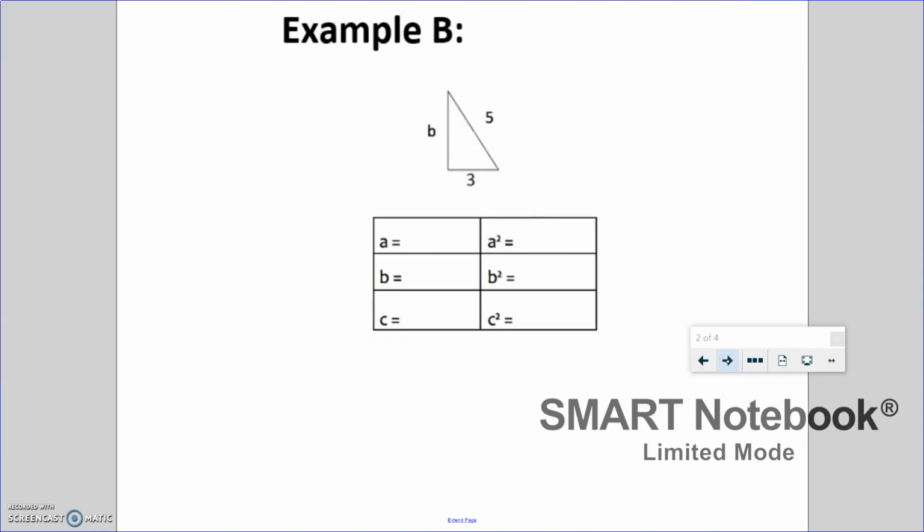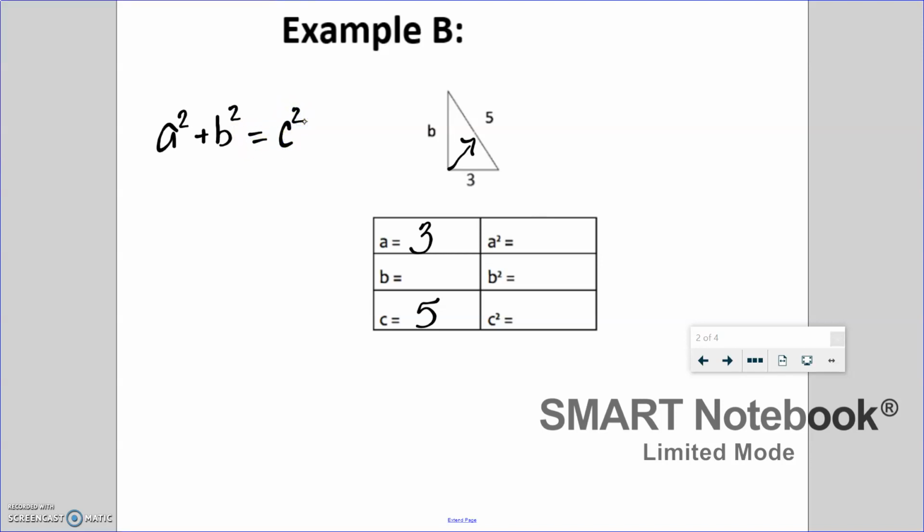Now let's take a look at example B. Once again, I'm going to draw my arrow across to ensure I'm not looking for C. So C is 5 and A is 3. So I'm going to go ahead and start off with my formula. A squared plus B squared is equal to C squared.